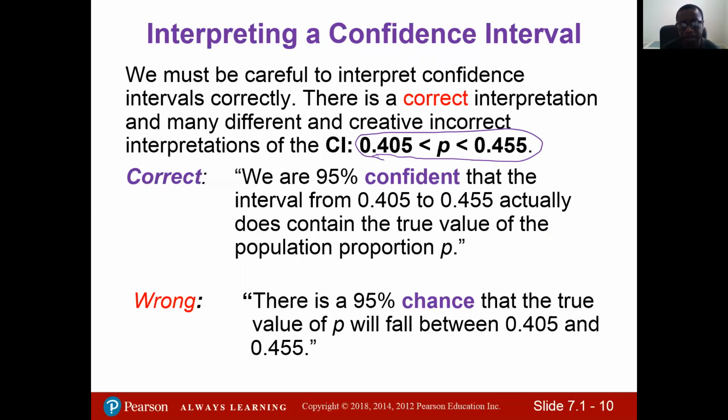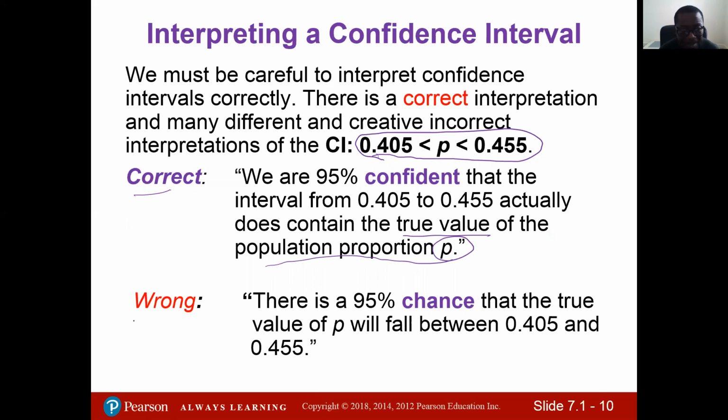The correct way is to say that we are 95% confident that the interval from 0.405 to 0.455 actually does contain the true value of the parameter, in this case a population proportion, if we repeat it a number of times.